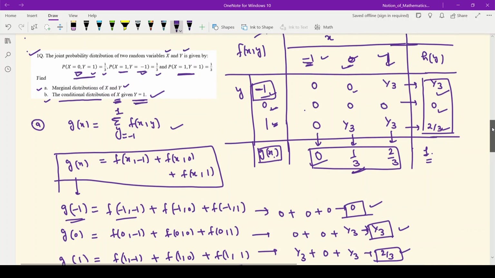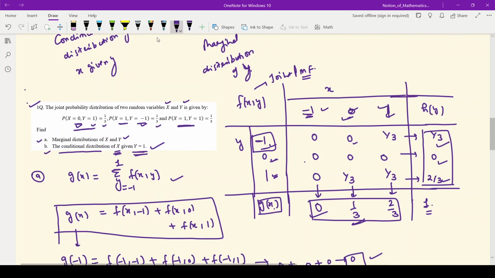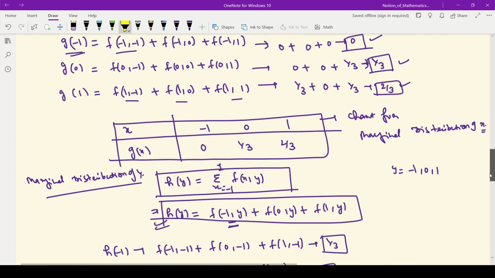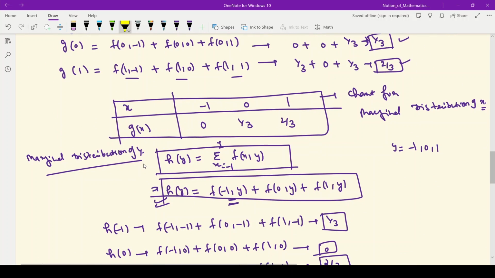Let me recall what I have done in this question. First I evaluated the marginal distribution of x. So this was the chart for the marginal distribution of x.